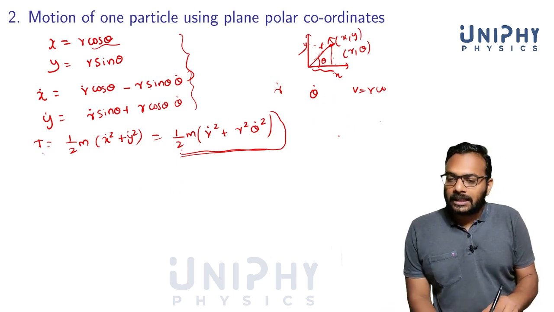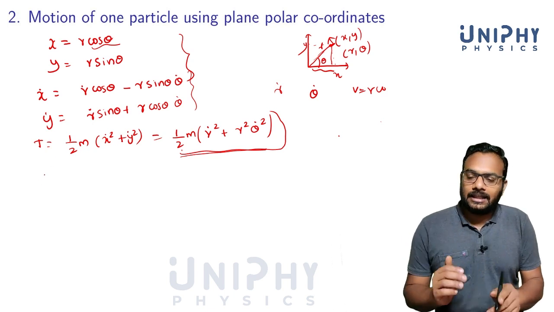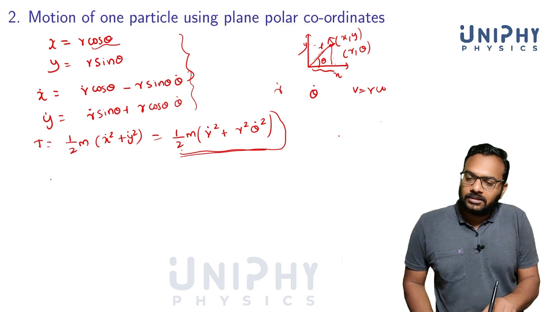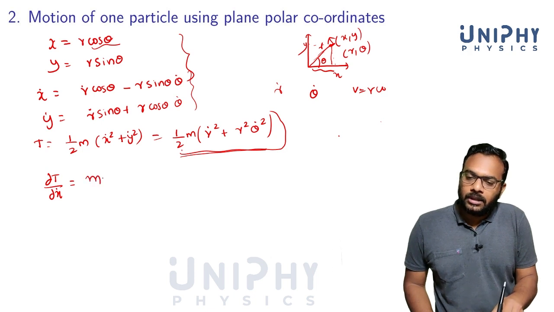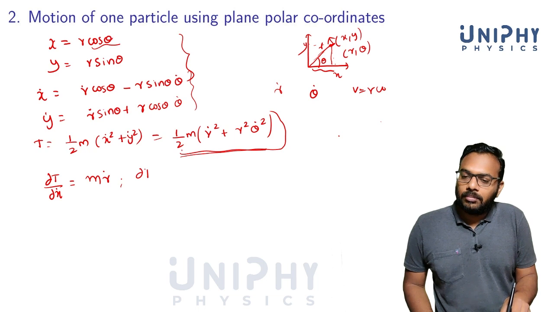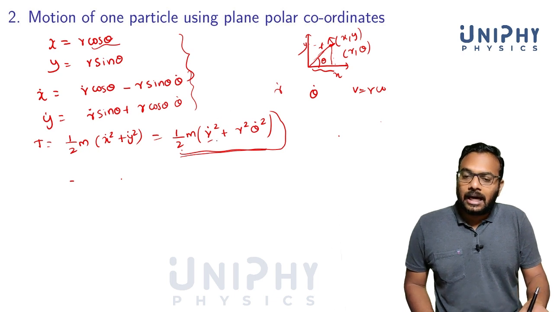Now we have got the kinetic energy. We now need to find the equations of motion, or the Lagrange's equation. For the Lagrange's equation, we find dou T by dou r dot, and that's equal to m r dot. We have here two generalized coordinates, r and theta.